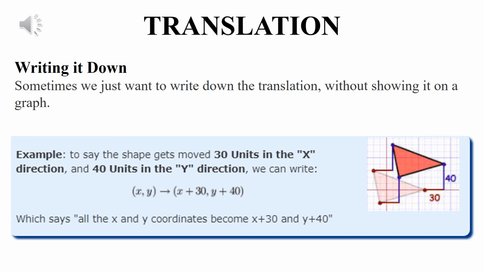Example, to say the shape gets moved 30 units in the x direction and 40 units in the y direction, we can write (x,y) becomes (x+30, y+40), which says all the x and y coordinates become x plus 30 and y plus 40.